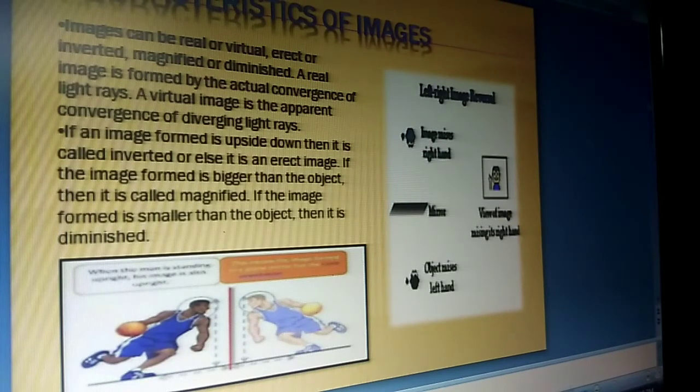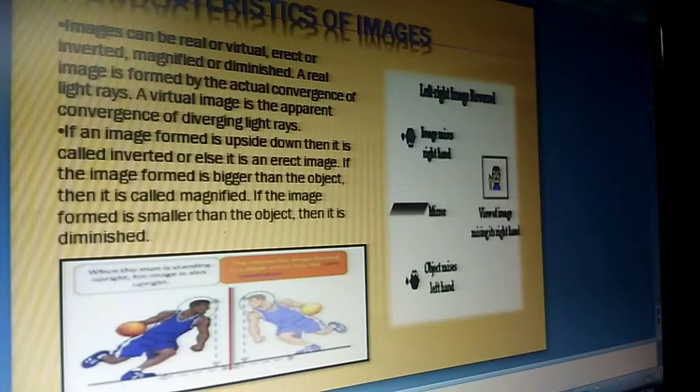A virtual image is that image which cannot be caught on the screen. These images are formed because of the divergence and convergence of light rays from the source. Now, if the image is formed upside down, then it is called a real image on the screen. The image may be bigger or smaller than the size of the object.